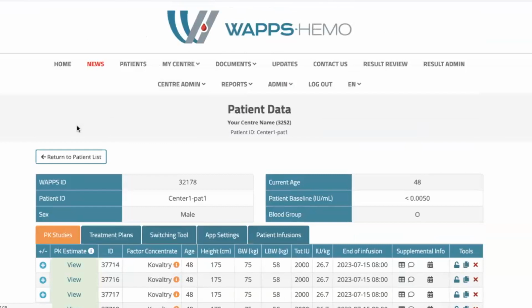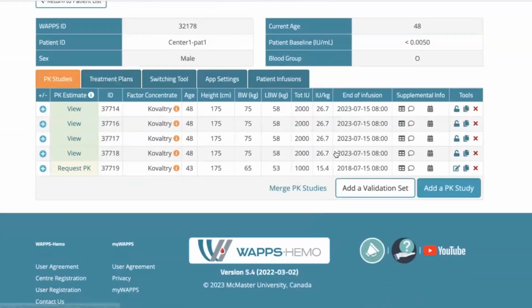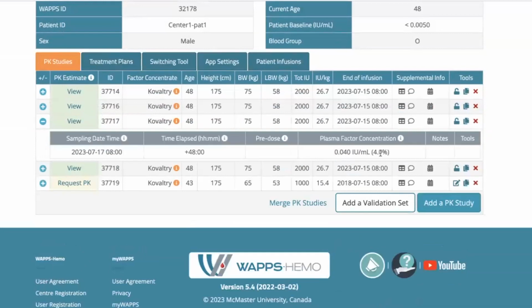Now, let me move this a bit further. Stay here. I'm now only providing 48. Now, this patient is on 2,000 units Monday, Wednesday, Friday. You see it now on screen. If I put my mouse on this grid, I see the treatment plan. You recall that when we provided the PK data, WOPS asked us, do you know the last infusion?